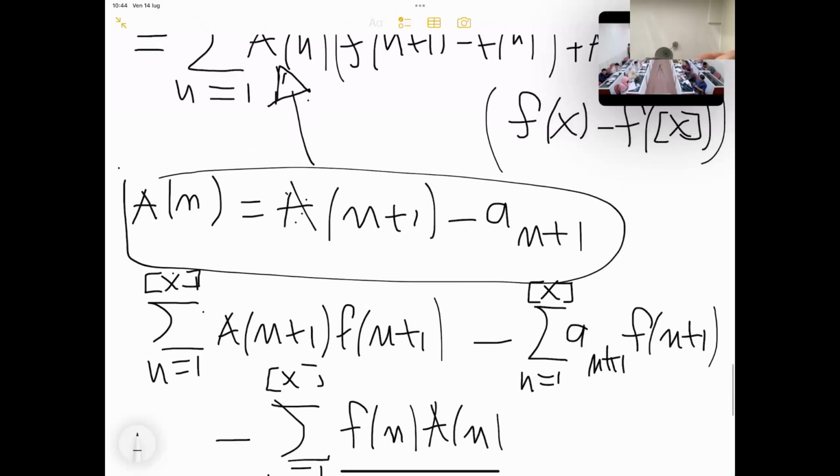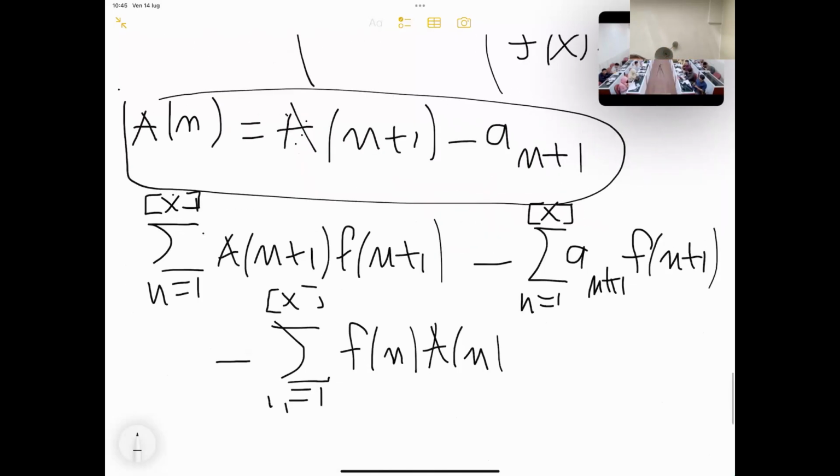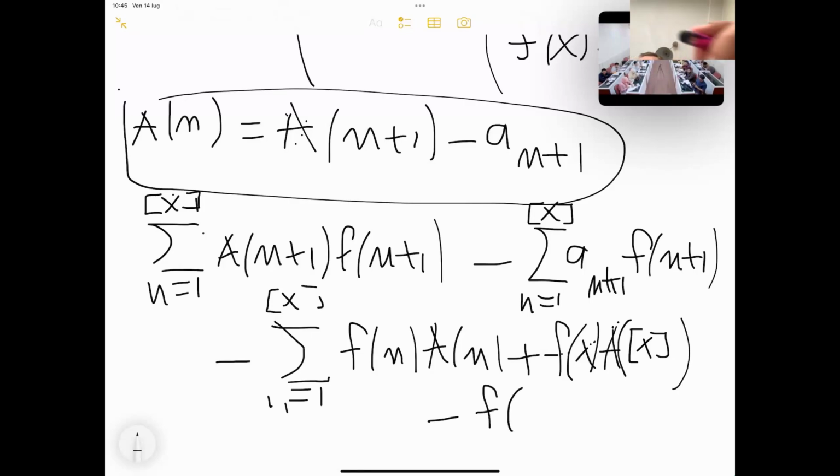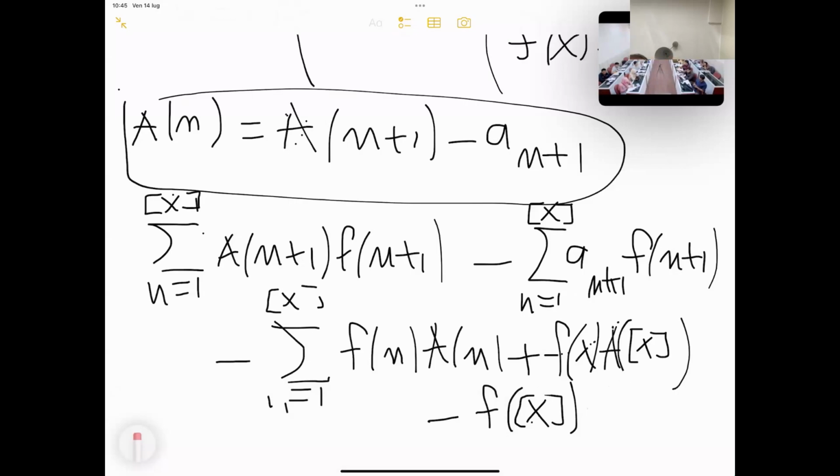And then I have whatever is left, which is plus f of x times A of the integer part of x minus f of the integer part of x times A of the integer part of x.